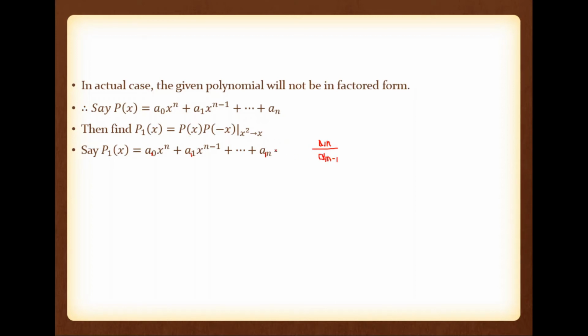That is last coefficient divided by the second last coefficient, comma. Next one is a1n minus 1 divided by a1n minus 2. This is the next root of p1.